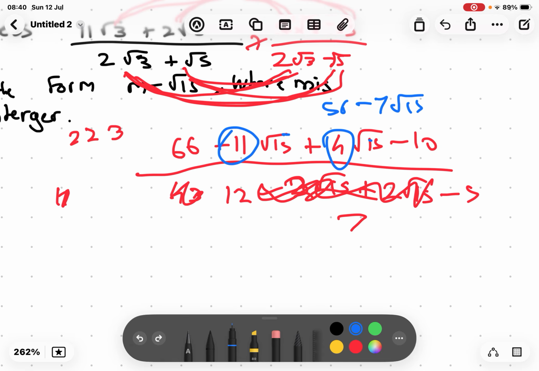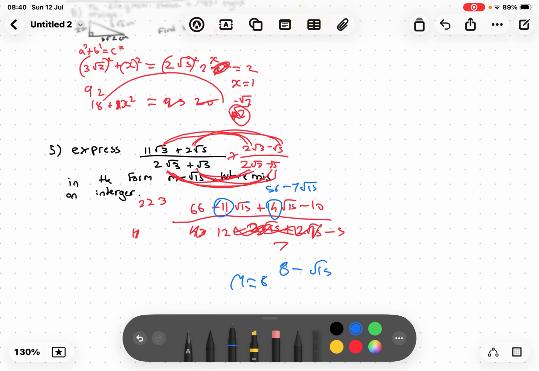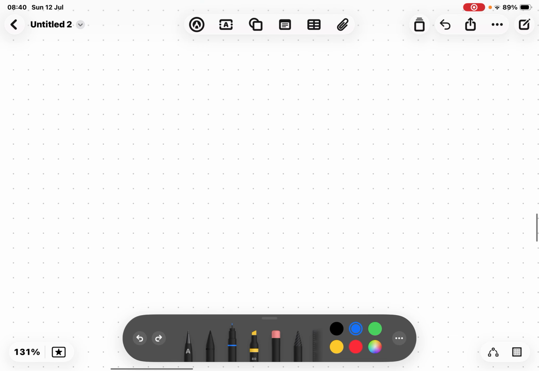So 8, take away root 15, so the m is 8. Remember, our mission was to find m in the form m equals negative 5, root 15. I also like the fact that they actually kind of give you the answers, like, chill.